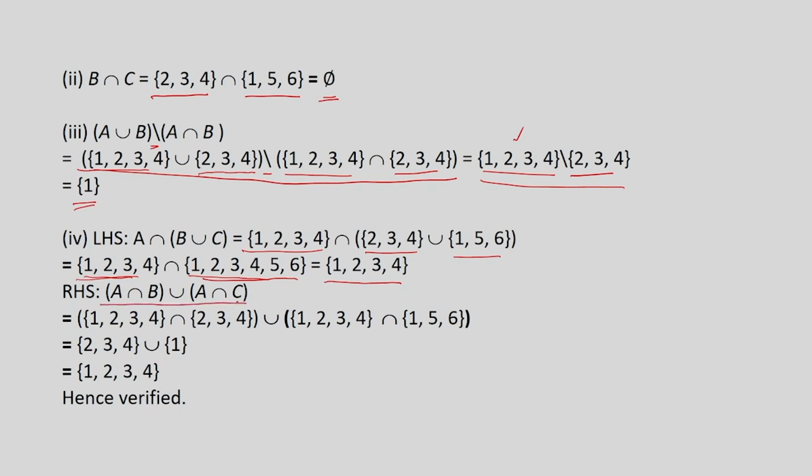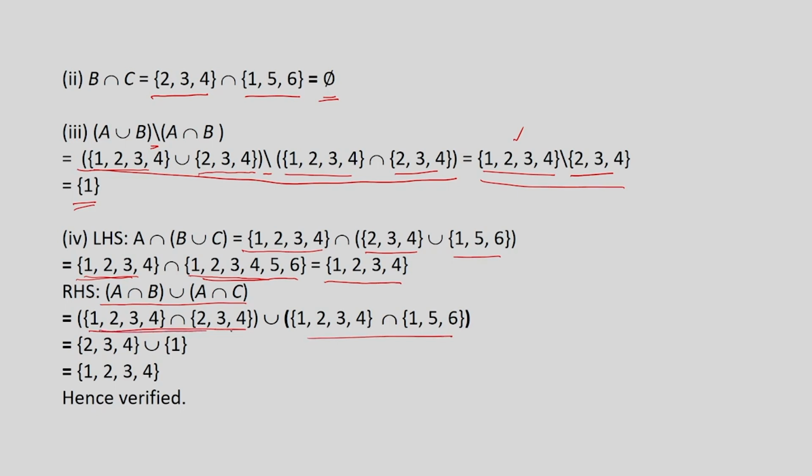Right hand side was this, within the brackets A intersection B, then union within the brackets A intersection C. All right. So A intersection B means this 1, 2, 3, 4 intersection 2, 3, 4, and union of A intersection C, that is 1, 2, 3, 4 intersection 1, 5, 6.